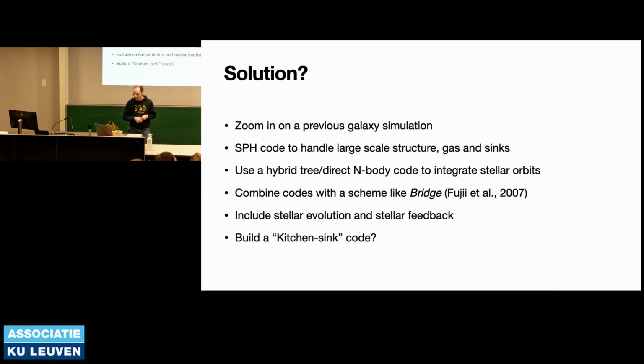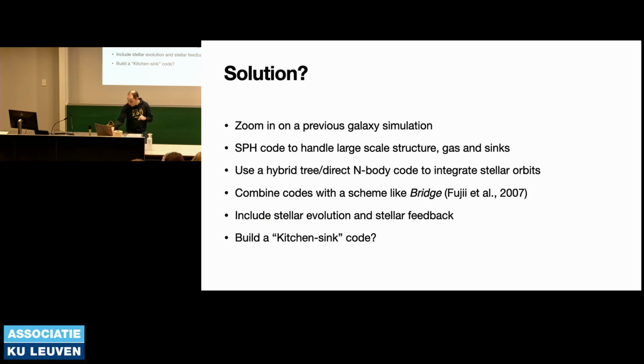So instead of building this into one kitchen sink code, we use AMUSE. We start our initial conditions by taking a galaxy model and taking a part of it where molecular clouds have formed that are going to form stars. We use the SPH code to handle the gas, and the PTAR code to handle the stars, and we combine them with bridge that I explained before.